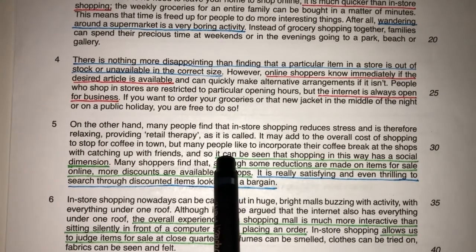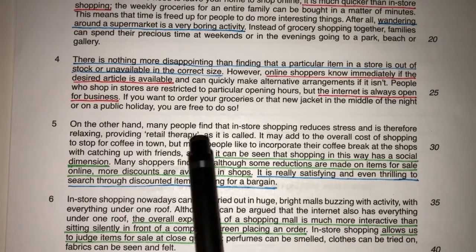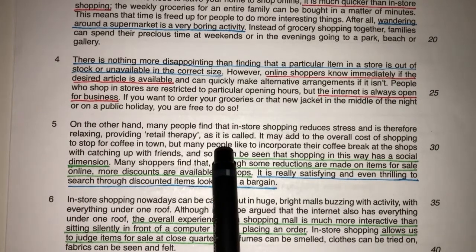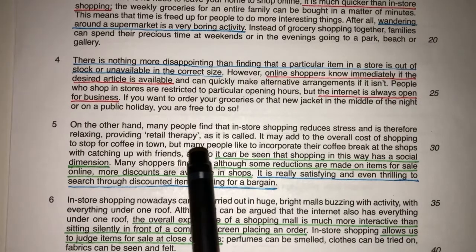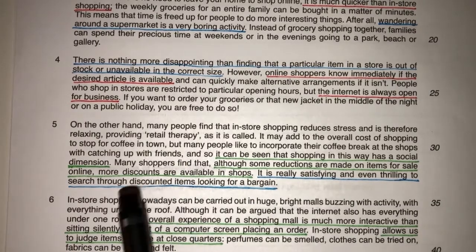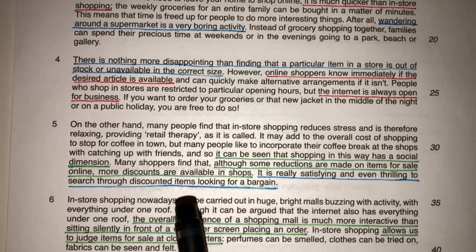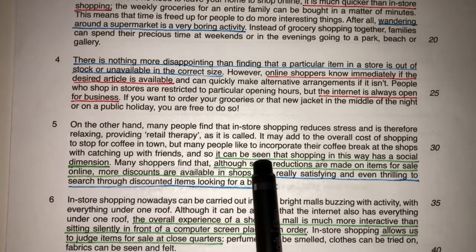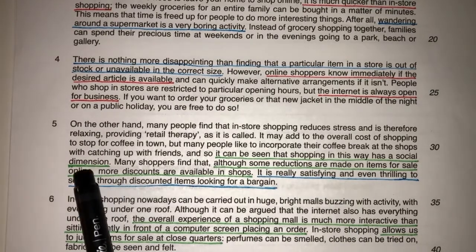And that can be seen as socializing. So in-store shopping has a social dimension to it because you incorporate drinking a coffee or taking a snack to bond with whoever you're there with. Okay, so that's a perk, social dimension.